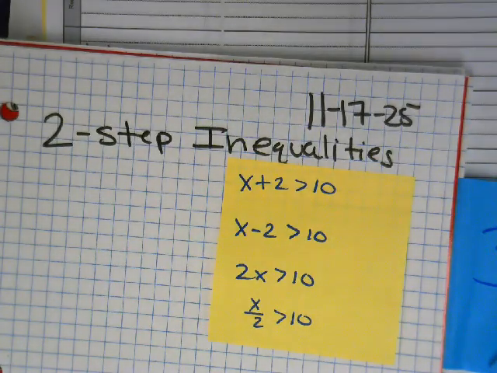X plus 2, x minus 2, 2x, x divided by 2. And it just took 1 step and you were done, right? Minus 2, plus 2, right? It was very easy. Now, I'm going to take what we learned here and use it today. We're doing like a combo. We're going to take 2 steps to solve it. 2 pretty easy steps, not going to lie. All right.